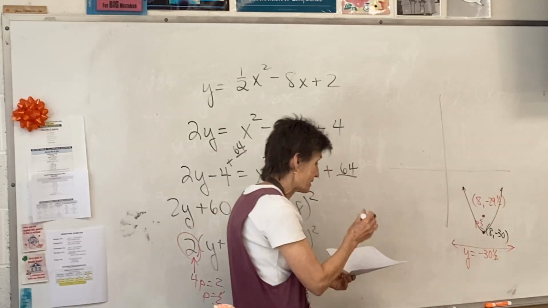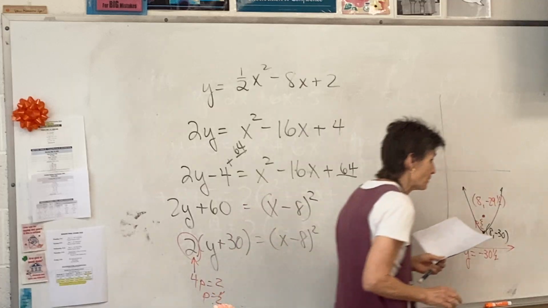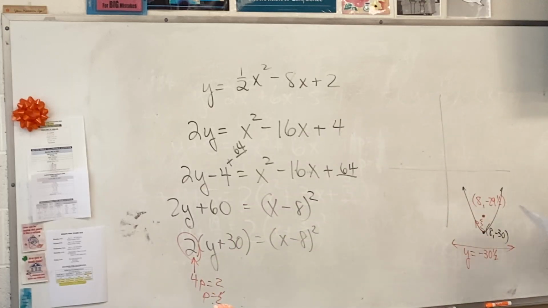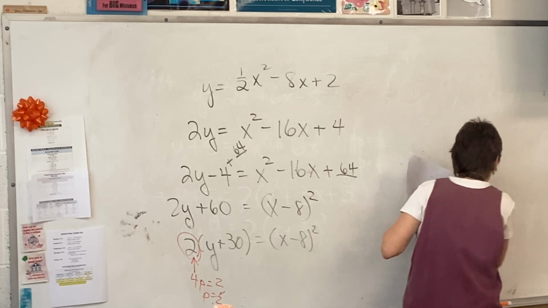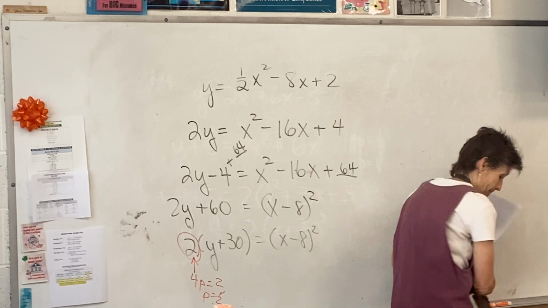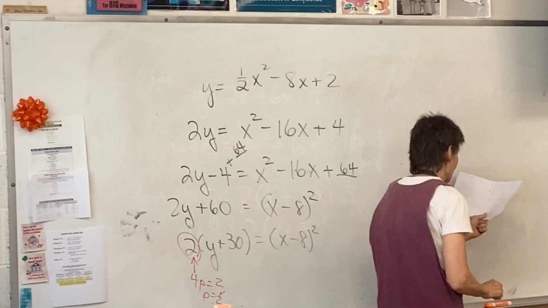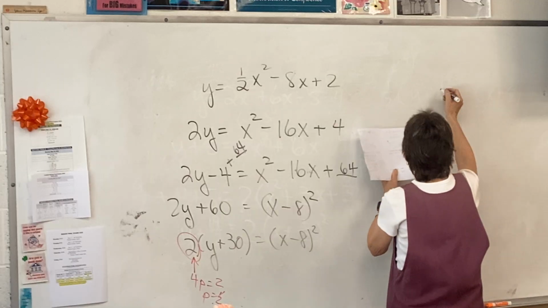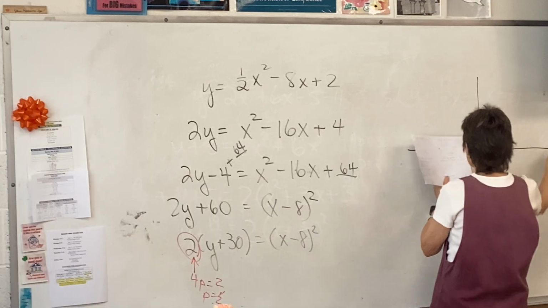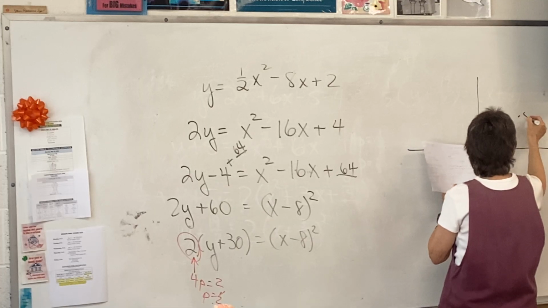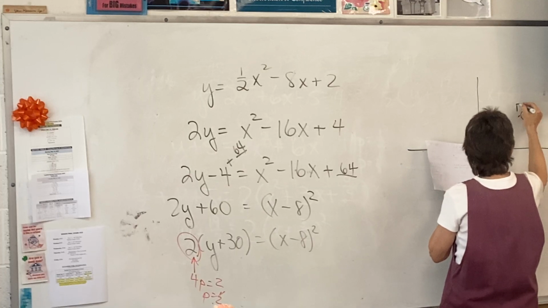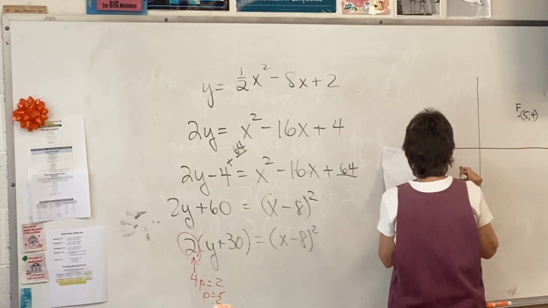So now we're doing the same thing we just did, only we're doing it backwards. What was the focus? All right, so I have a focus at 5, 4. That is my focus, not my vertex.